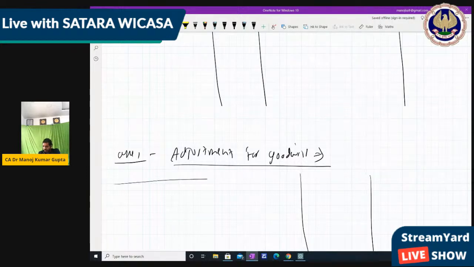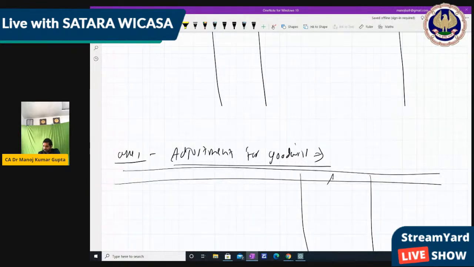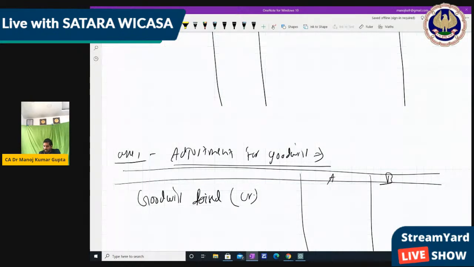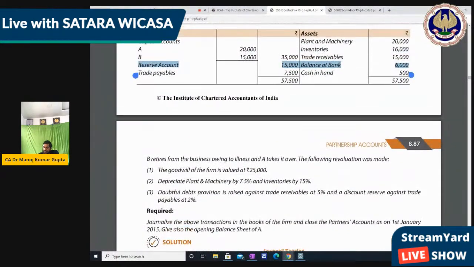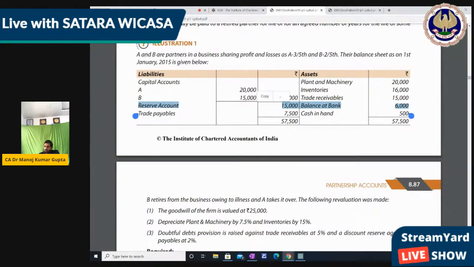So make the 2 columns, AB. Goodwill raise, that is credit with the old PSR. What are old PSR? They intimate us now. 3:2, right? And B is retiring.